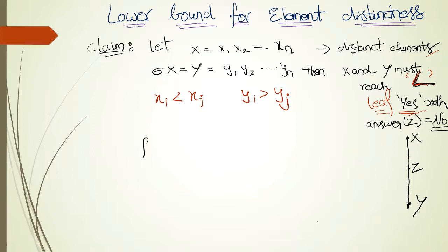So there is a little claim here. Let us assume we have a function f of w, which is the difference between the two coordinates wi and wj.